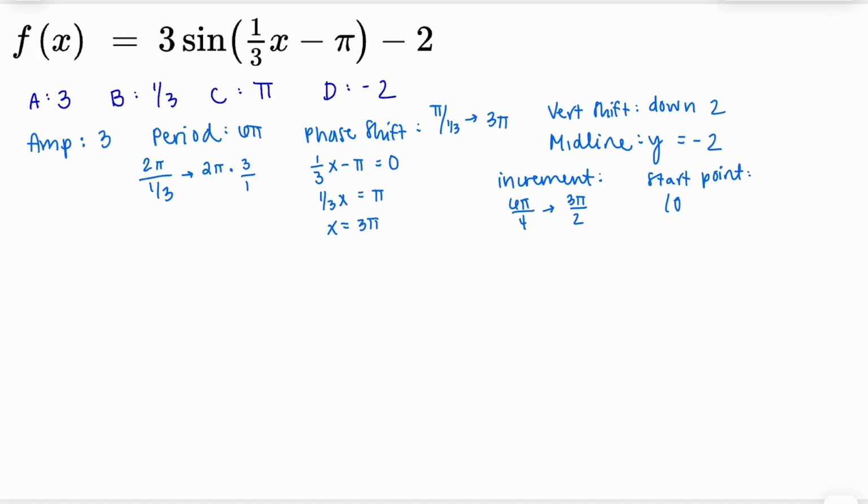Okay, but it's been shifted horizontally and vertically. So it is going to be 3 pi, -2, because sine normally starts in the middle at 0. Because this hasn't been reflected, these are the 5 points I'm working with.